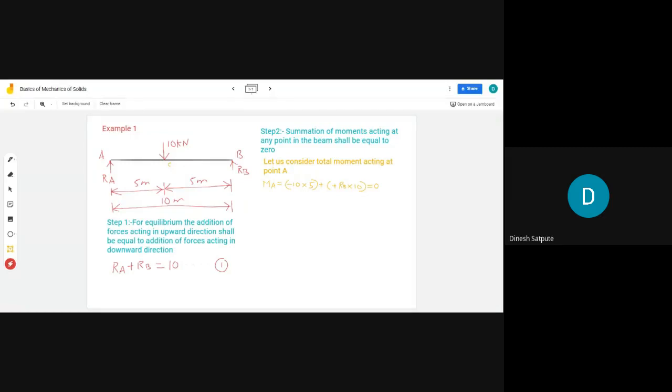Now if you solve this further, you will get the value of RB. All of you calculate what is the value of RB. After calculation, you have to post your answer in the chat box so that I can mark your attendance accordingly.